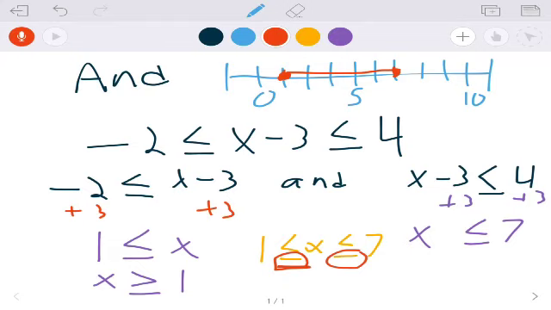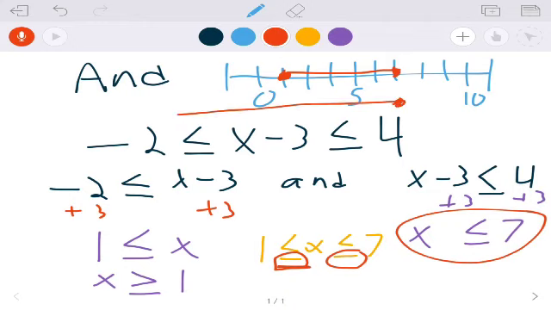Now, something different: if we were instead looking at an or compound inequality, where this is true or this is true, it turns out x could be any number. Because if this is true, what we've graphed right here starts here and goes this way forever.